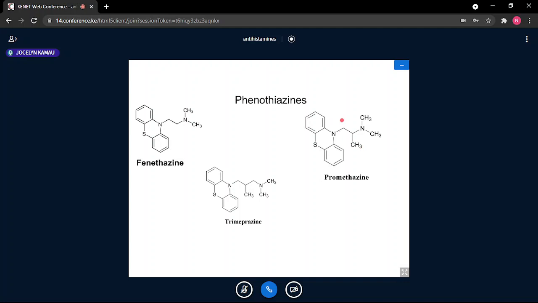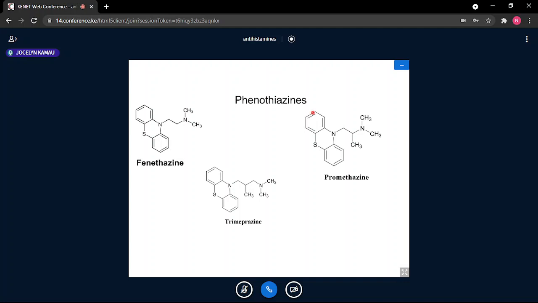This structure retains the general structure requirements, where the central atom is separated from the terminal nitrogen by 2 carbon atoms. The terminal nitrogen is a tertiary amine. That is what we had discussed. So this drug retains the general SARs.